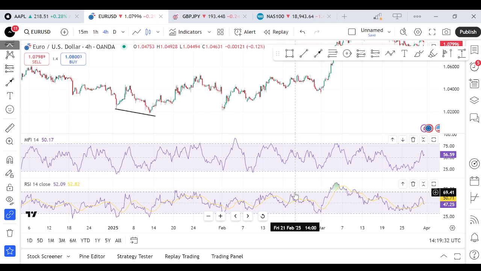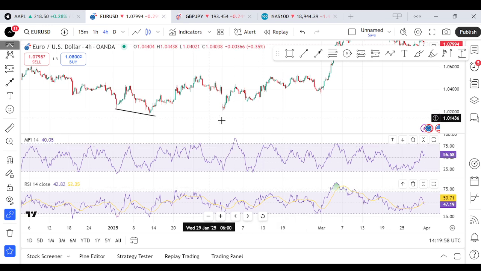Unlike the MFI, RSI focuses solely on price changes, making it less sensitive but more stable. The key features of RSI are overbought and oversold conditions, momentum analysis, which gauges the strength of recent price movements, and trend confirmation. It helps validate trend when paired with other indicators.